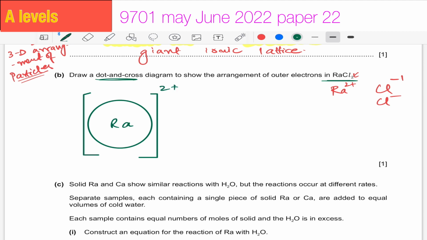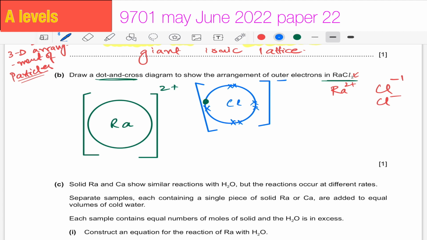Now the structure of the chloride ion. Cl belongs to group 7, so it would have 7 electrons in the valence shell: 1, 2, 3, 4, 5, 6, 7. And 1 electron it has gained from radium, so we draw that electron as a dot. And this would have a -1 charge.